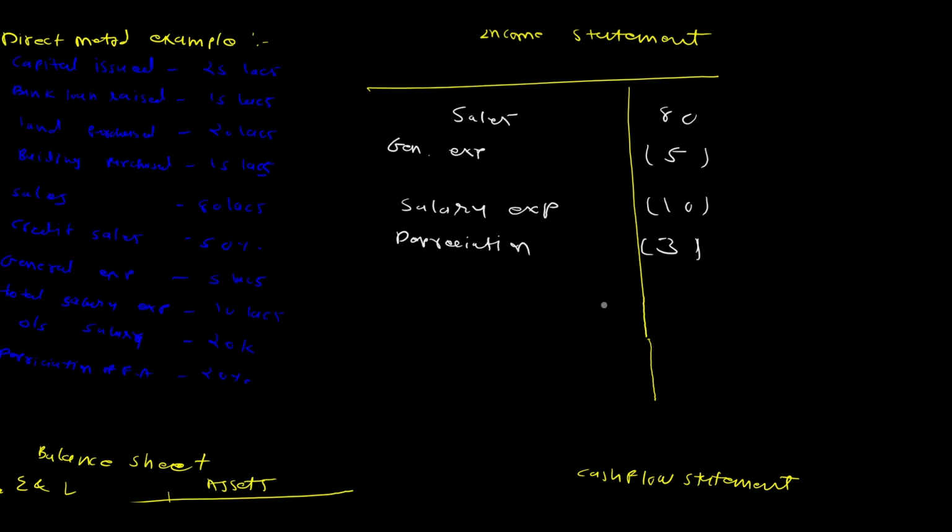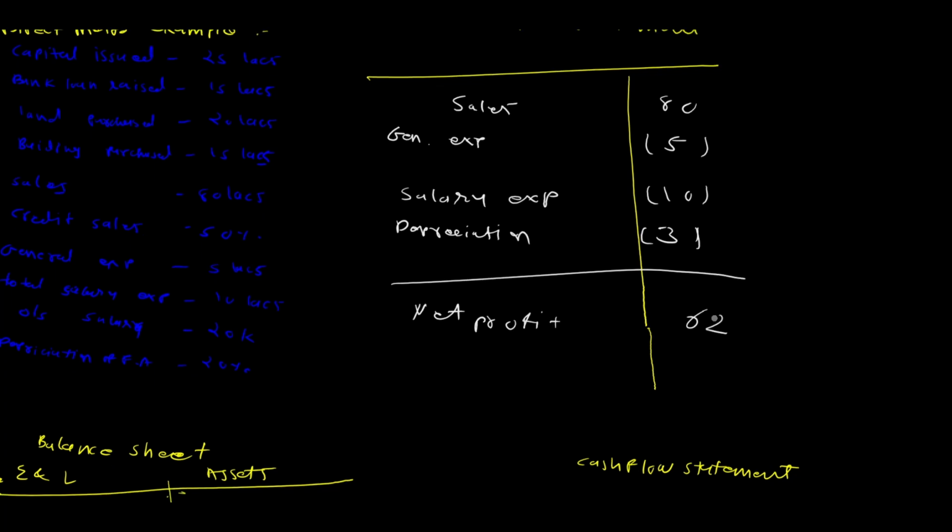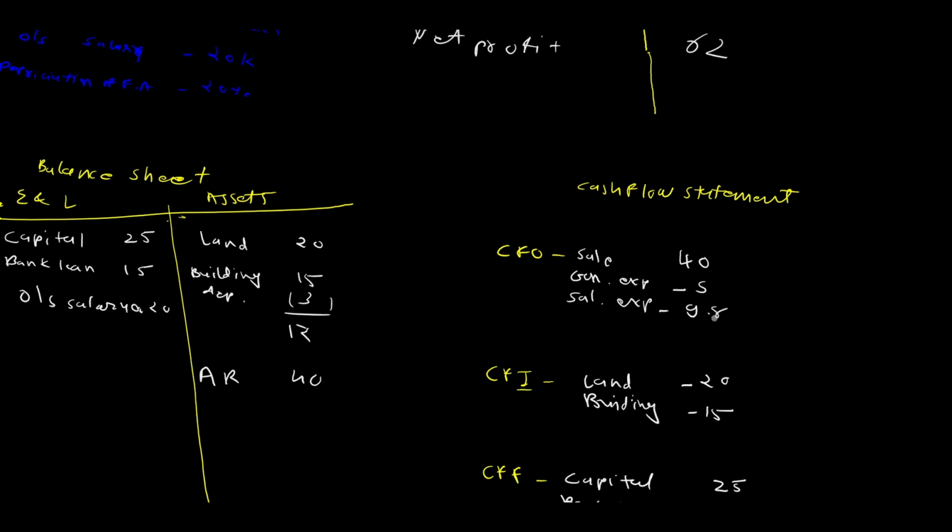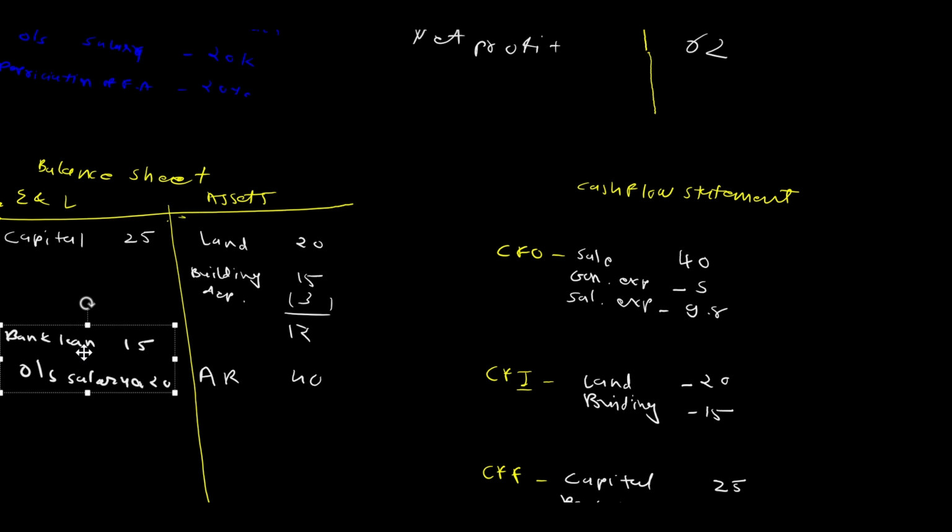This is the transaction. Now we are going to close the books. So what would be my profit? 80 minus 5, 10, 3, and so on. So the net profit will be 62 lakhs, and the 62 lakhs will be transferred to retained earnings, shown below the capital.